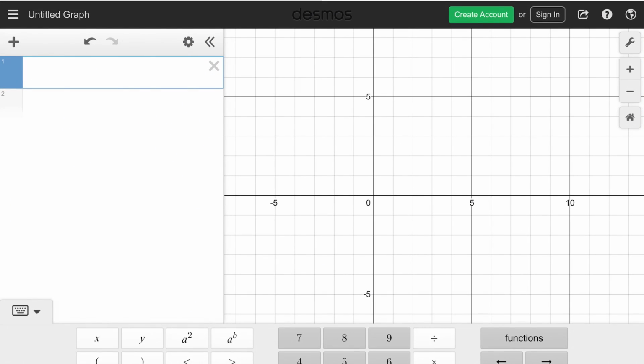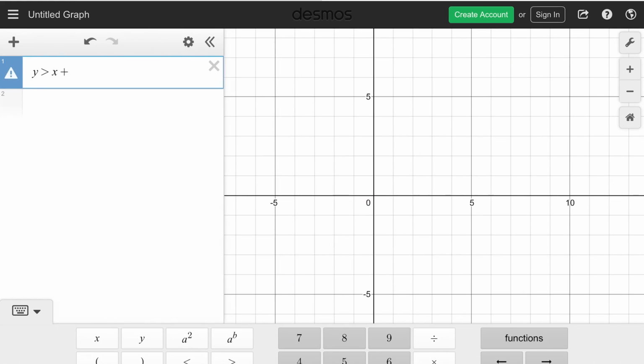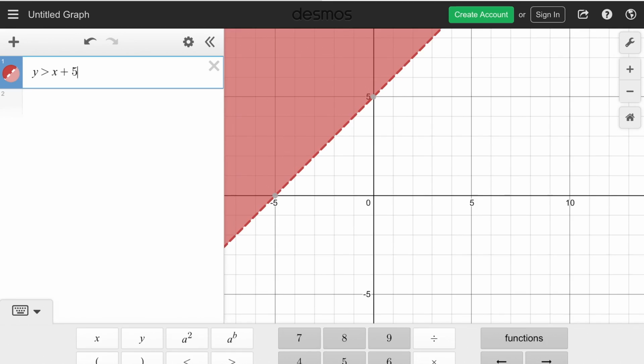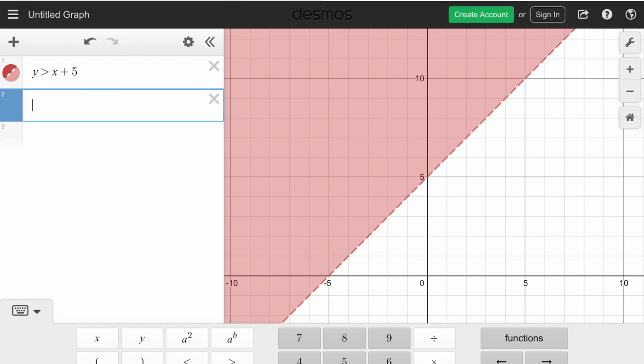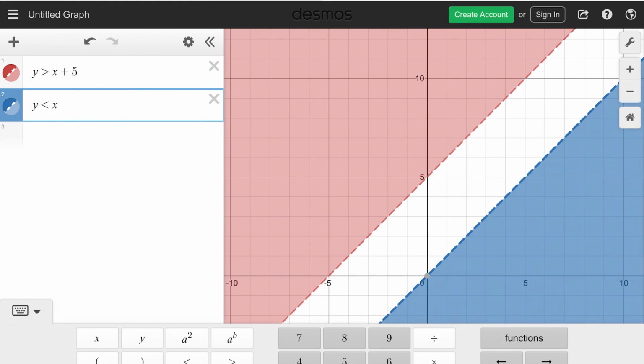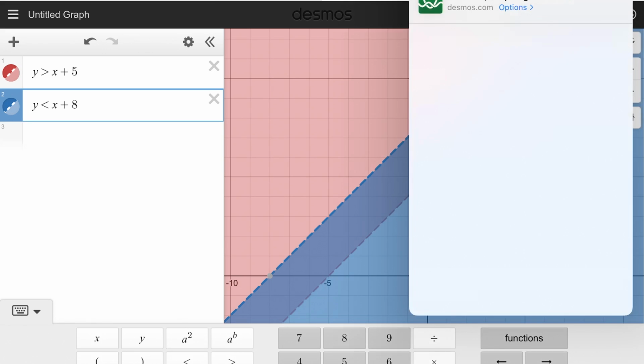Let's say that I have y is greater than x plus 5. Okay, so here's my inequality. Now, let me give you another inequality. Let's say that y is less than x plus 8. Okay, so you see that, let me get my markup tool here.